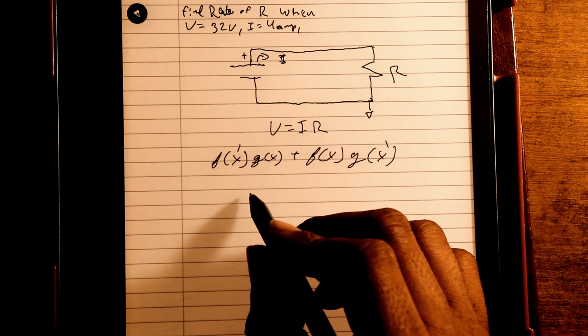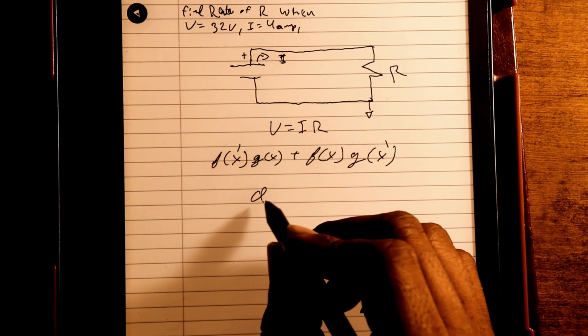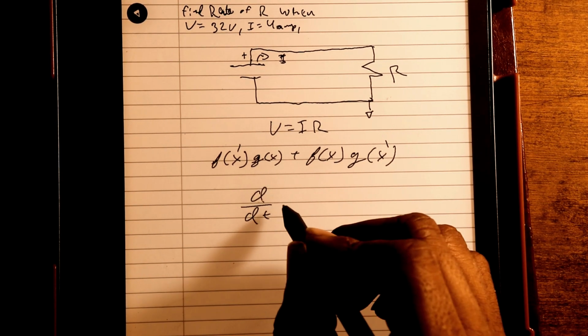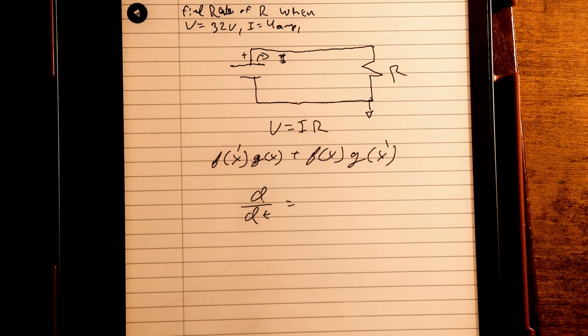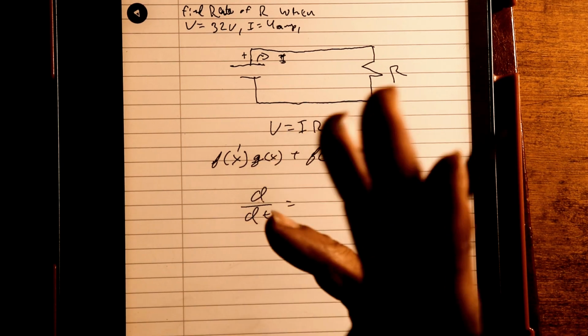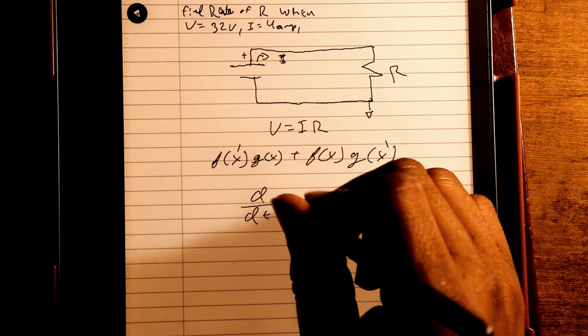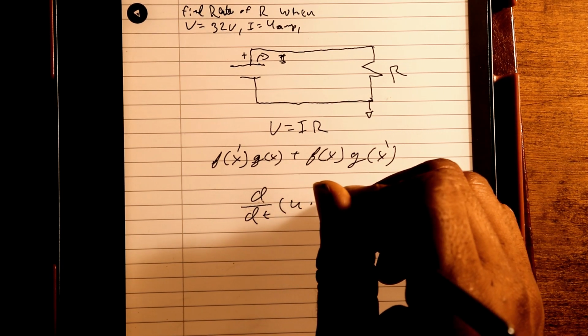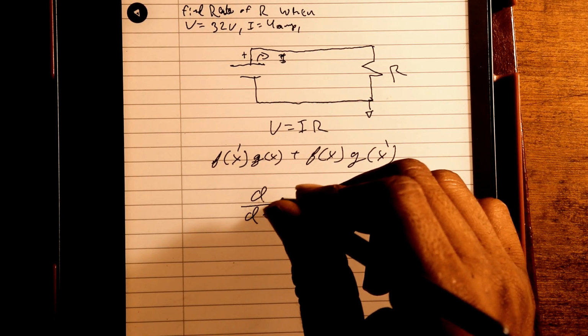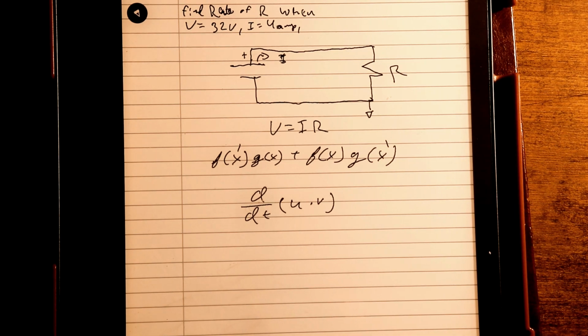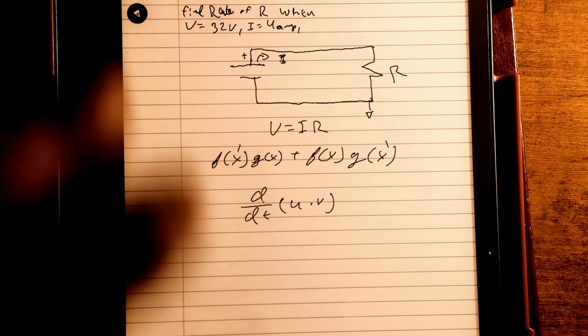The other formula that you're going to use to differentiate these variables is d over dt. We're going to use dt because that's time and it relates to our question here. d over dt times u times v. Okay, and the reason why u and v are used is really unbeknownst to me.